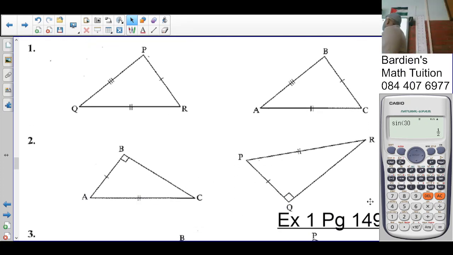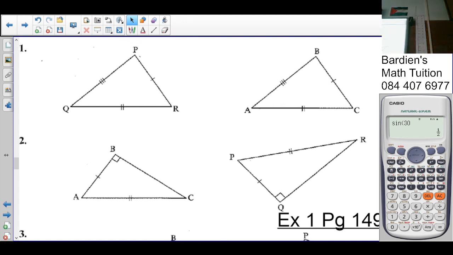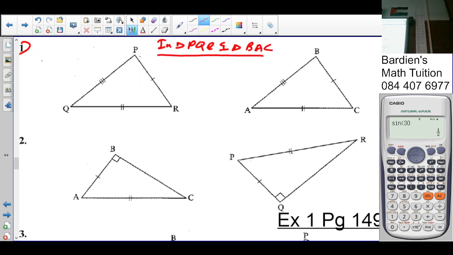Right, so people, this is what I expected you to have done, okay? So number 1, we say in triangle PQR and triangle BAC, what can we say? We say PQ is equal to AB. Why? Given. And then QR is equal to AC.